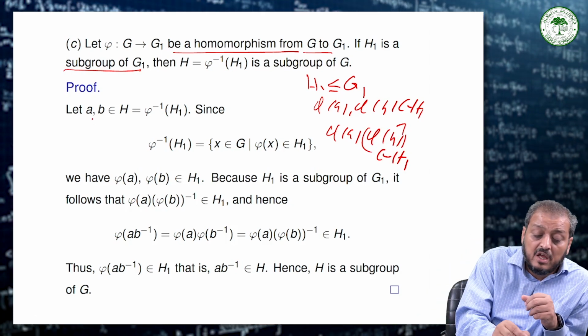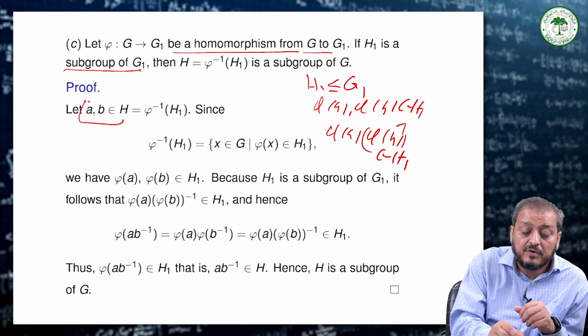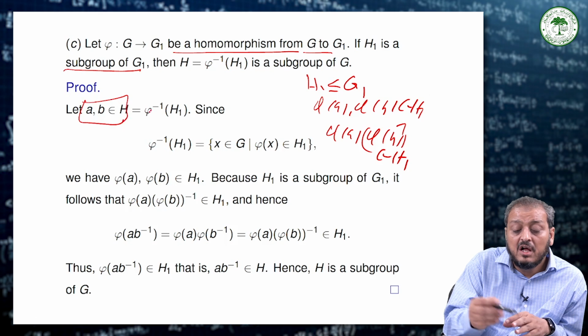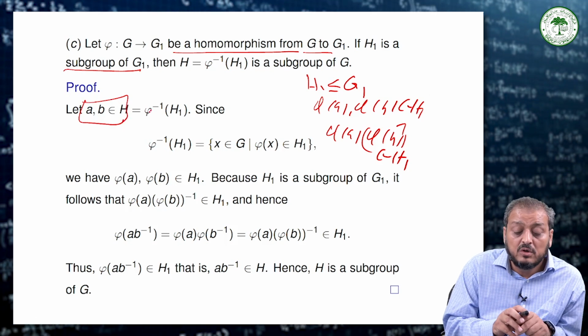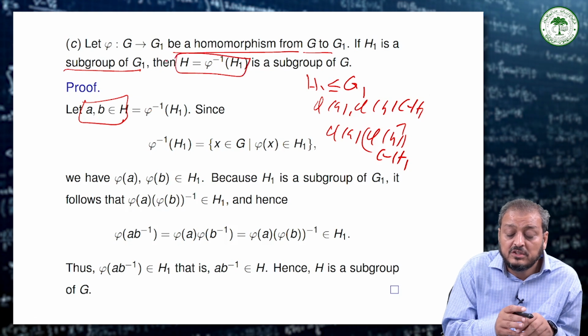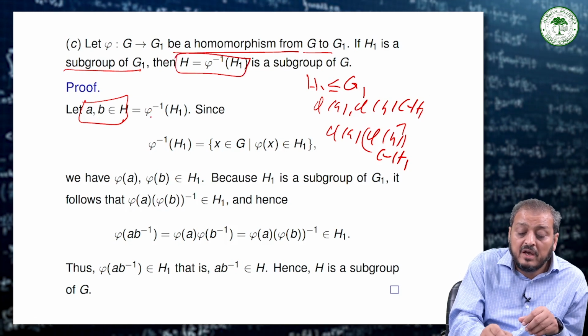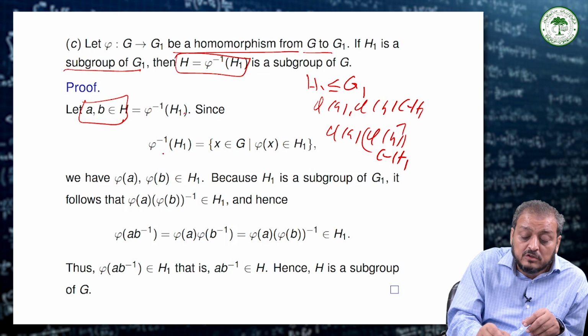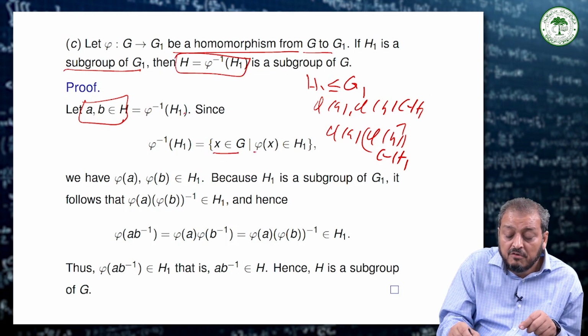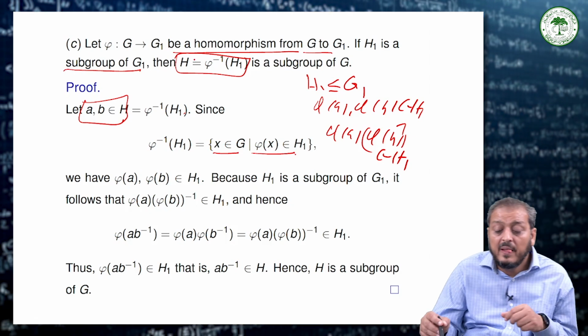So let a and b be elements of H. We have to show that a b inverse also belongs to H. Here H is equal to phi inverse of H1. So phi inverse of H1 can be written as: for x an element of G, phi of x is an element of H1.